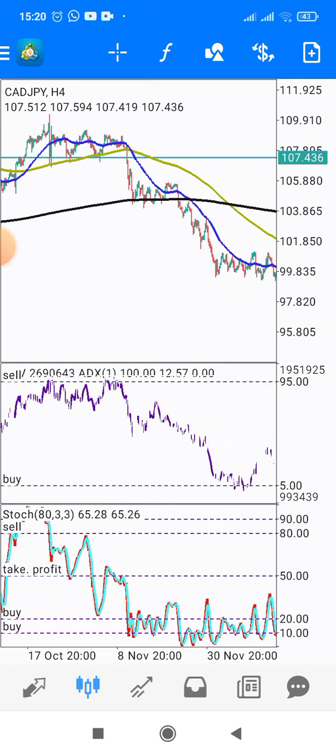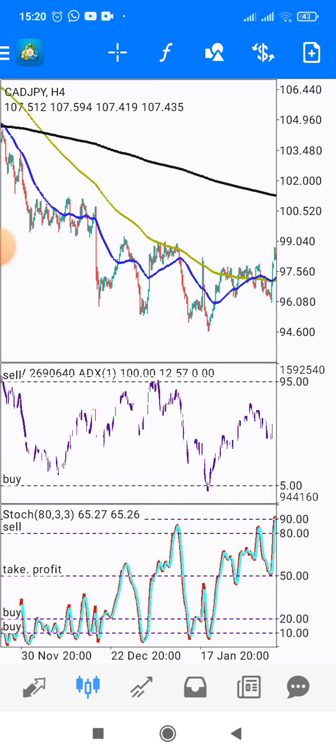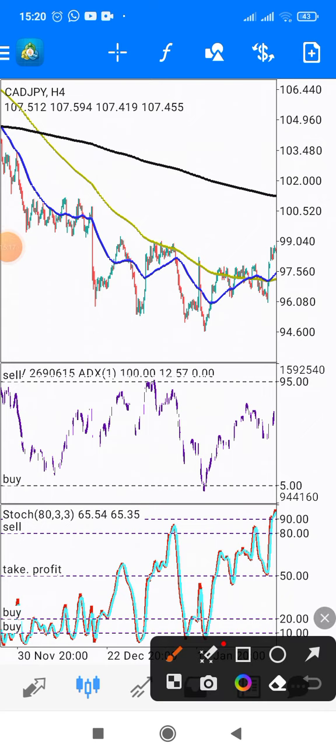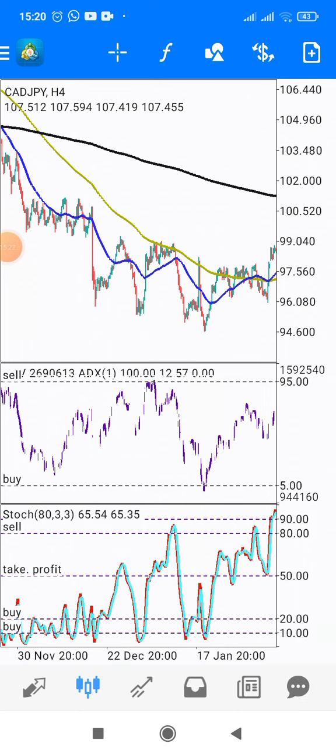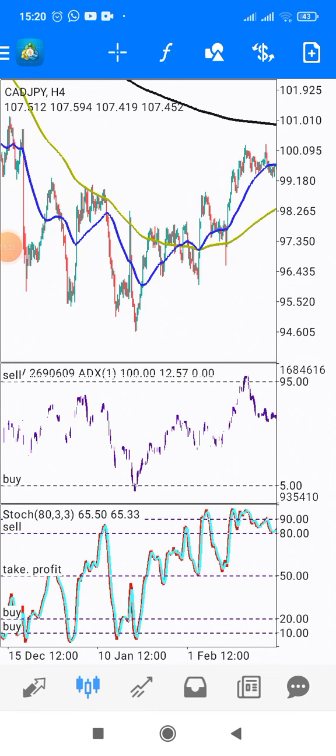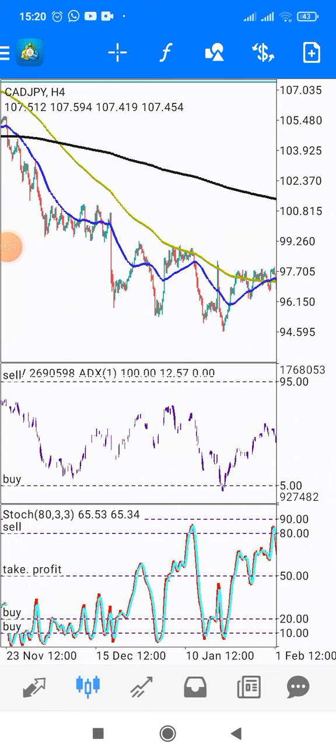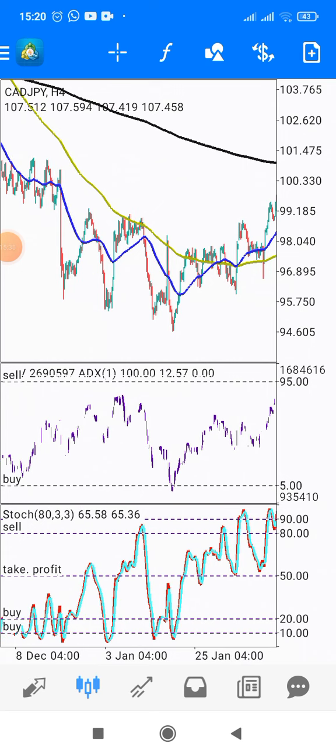Then we are able to ride our market to the lowest point, which is at this point and also at this point. Then we wait to see the lowest point ever.